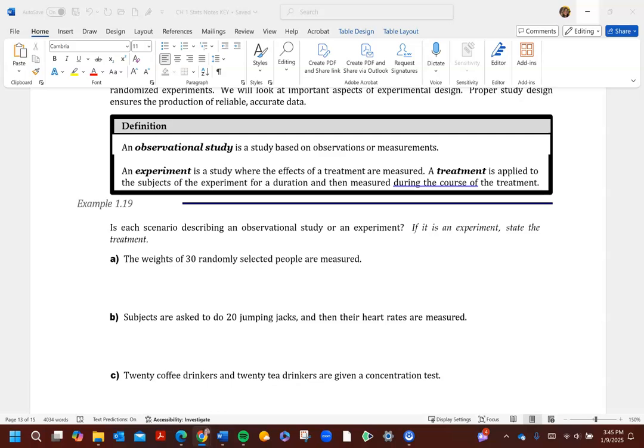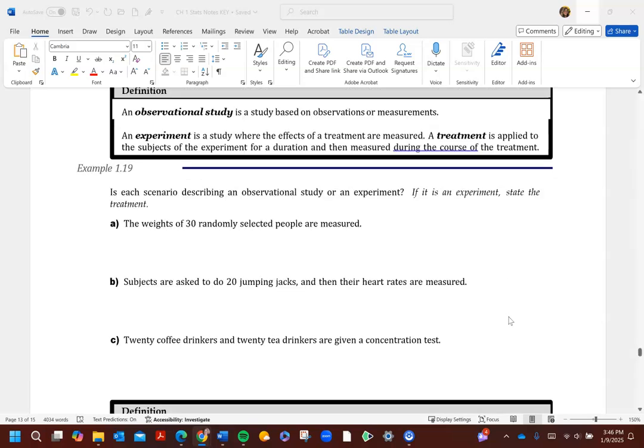B, subjects are asked to do 20 jumping jacks and their heart rates are measured. That's fun if we're in an in-person class. I like doing that one. And C, 20 coffee drinkers and 20 tea drinkers are given a concentration test. Go ahead and jot down your answers real quick.